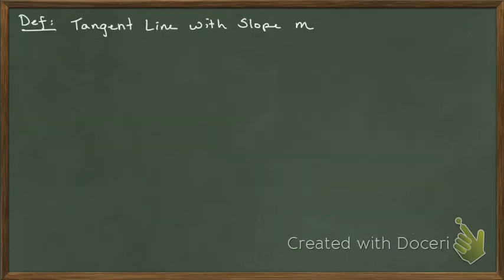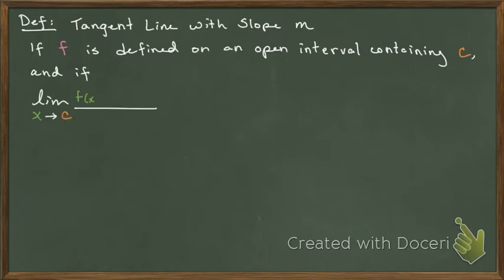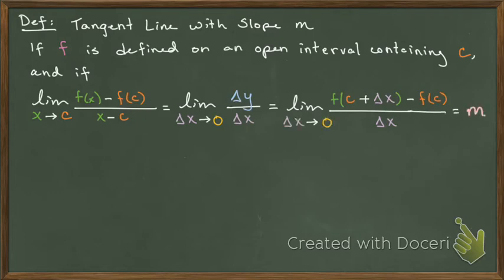What this is called is the tangent line with the slope m. If f is defined on an open interval containing c, and if the limit as x goes to c of f of x minus f of c over x minus c is equal to, I'm going to write this other form, the change in y over change in x, the new form we got from the previous page, the limit as delta x goes to 0 of our difference quotient, that is our slope m.